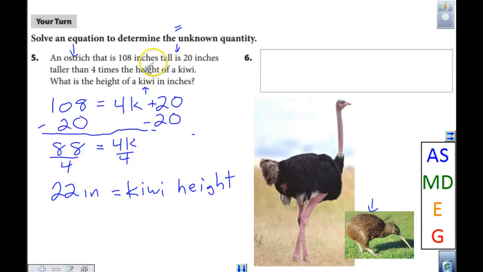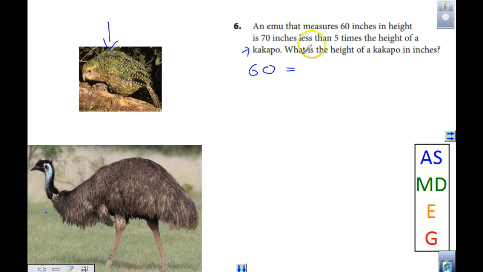This one was 20 inches more or taller than 4 times the height, so we did 4K plus 20. Okay, this one is 5 times, so we must do 5K, and instead of plus, since it's less than, we'll do minus 70. So it's similar, not the same, but similar. You just have to look at the structures being all the same.